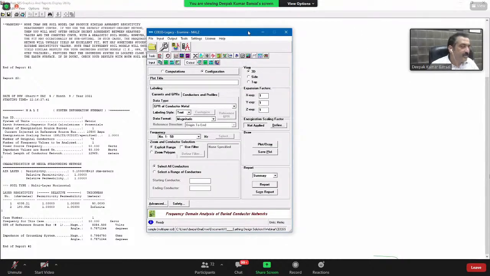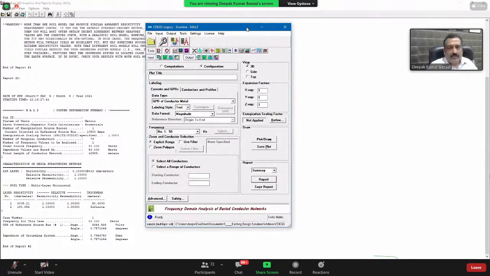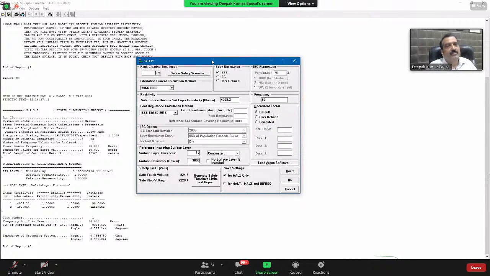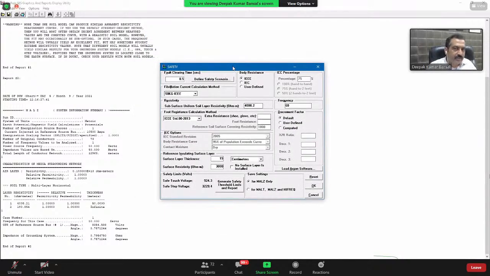Before we go to the other parameters, I think we should first work on safety parameters because everything depends on the safety parameters. So this is the safety module of the software where we calculate the safe touch and step voltages. Because there are two things, the step and touch voltage we have achieved on the grounding system, and the calculation of safe touch and step voltages.